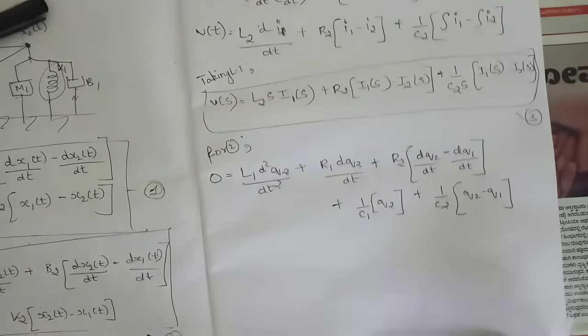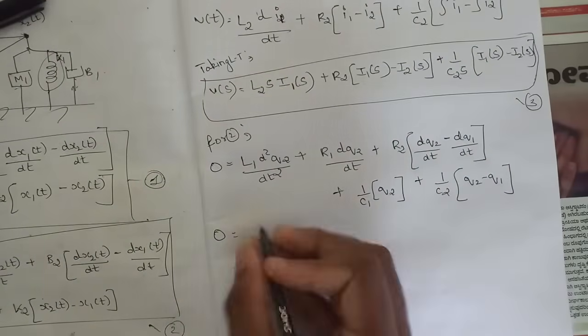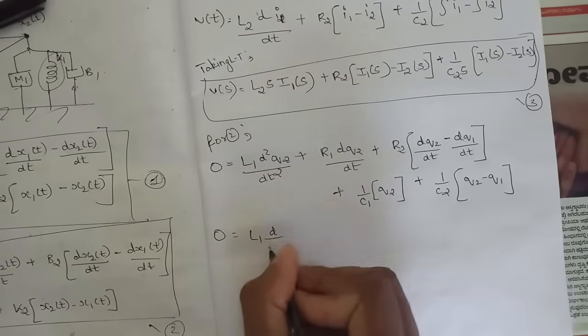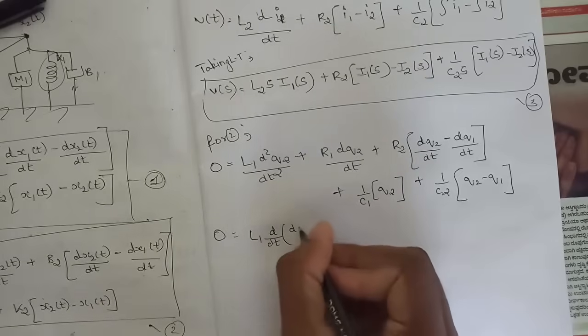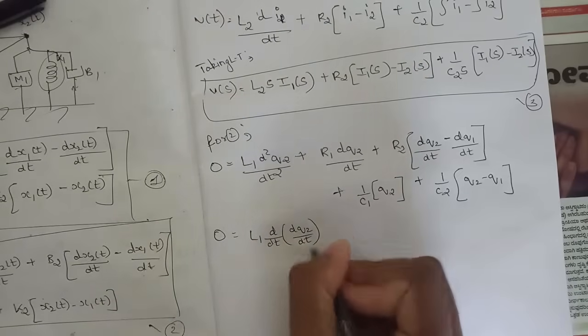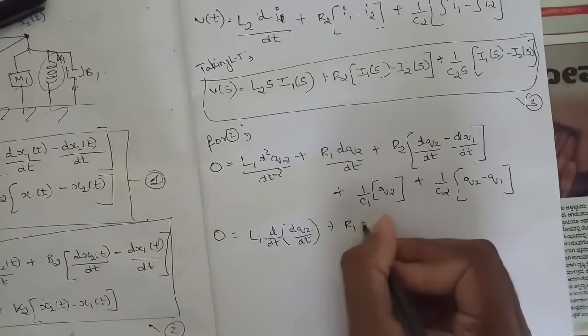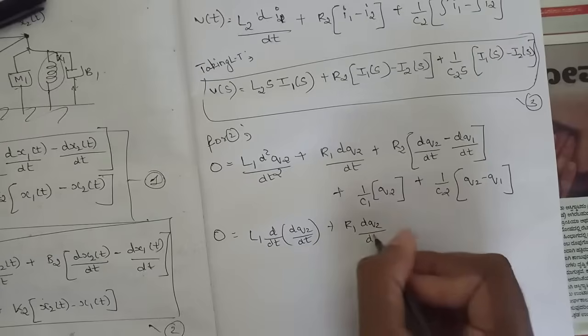Okay, so now let's solve this further. L1 into d by dt, take common out, dq2 by dt plus r1 dq2 by dt.